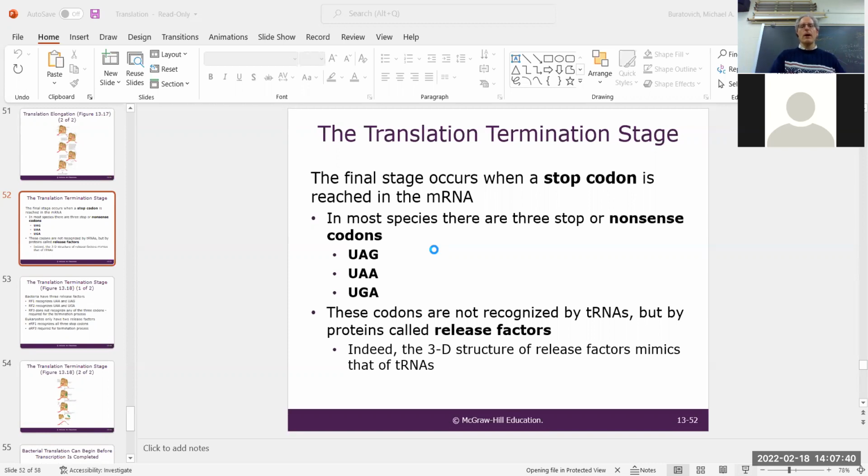All right, so this just compares the components of translation found in those 2 systems, prokaryotes and eukaryotes, and here's a table with some of the things that they inhibit when it comes to bacterial translation. Puromycin is a very powerful inhibitor of elongation.